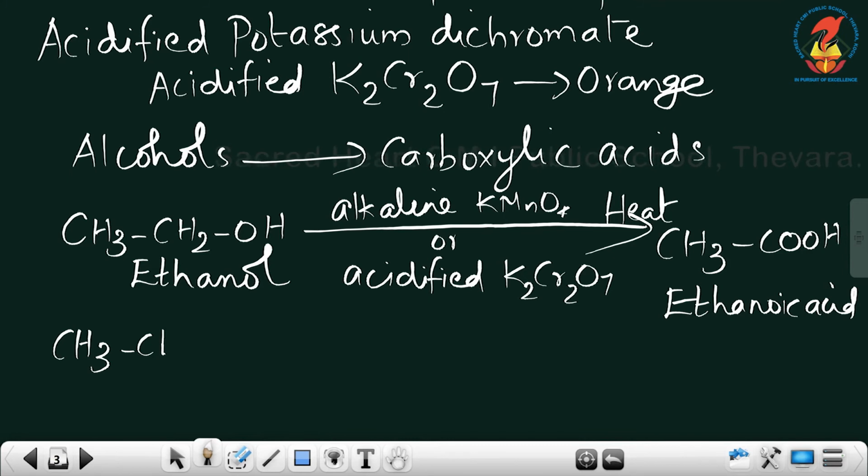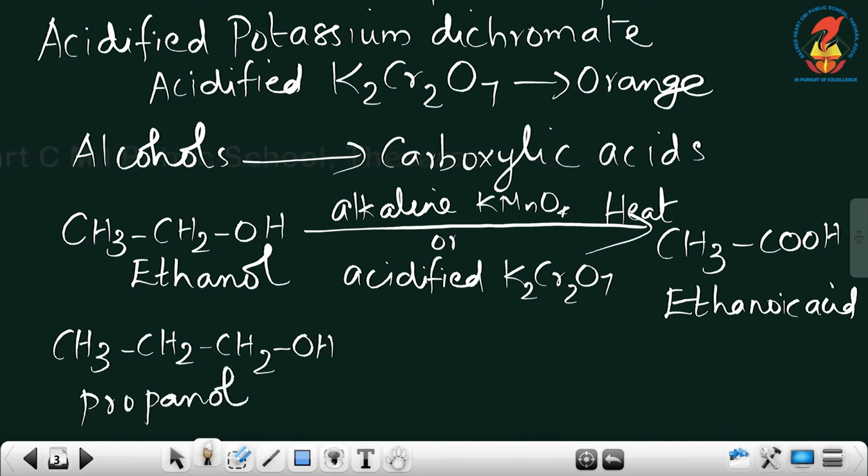Okay. So, one more alcohol I will show you. The next alcohol, CH3CH2CH2OH. What is this? This is propanol. Alcohol with 3 carbon atoms. So, alkaline KMnO4, then heat. Instead of this you can use acidified potassium dichromate also, but you have to heat with it.